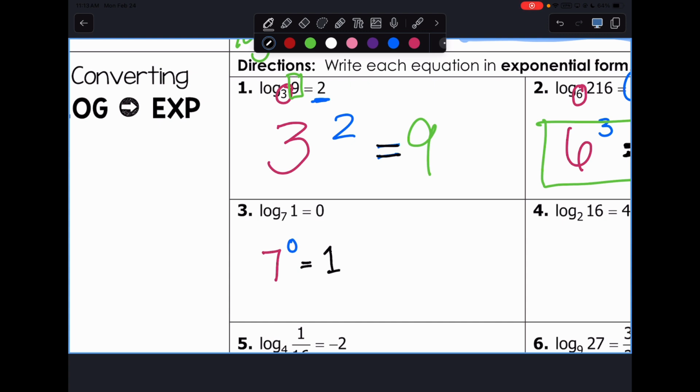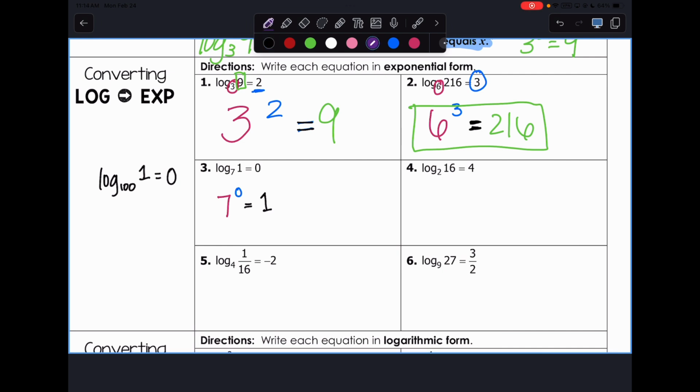So if you have a base of 100, let's say, log base 100 of 1 equals 0, would that be true? Yeah. Okay, any questions?